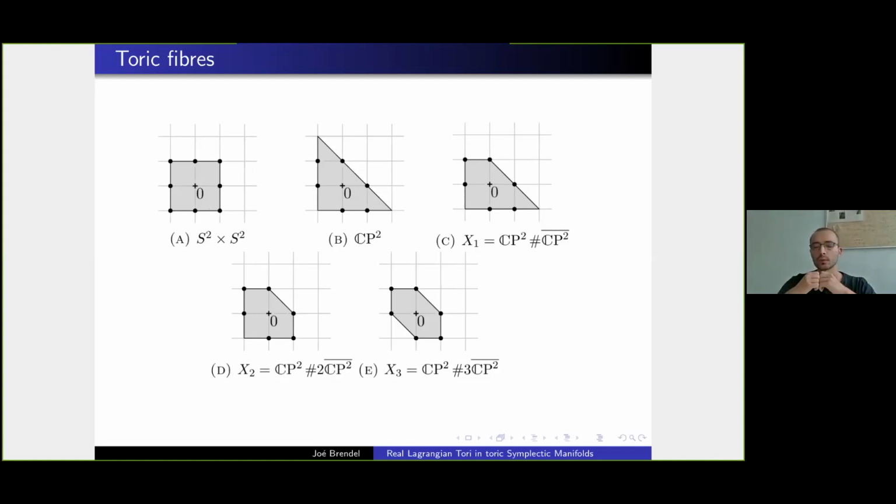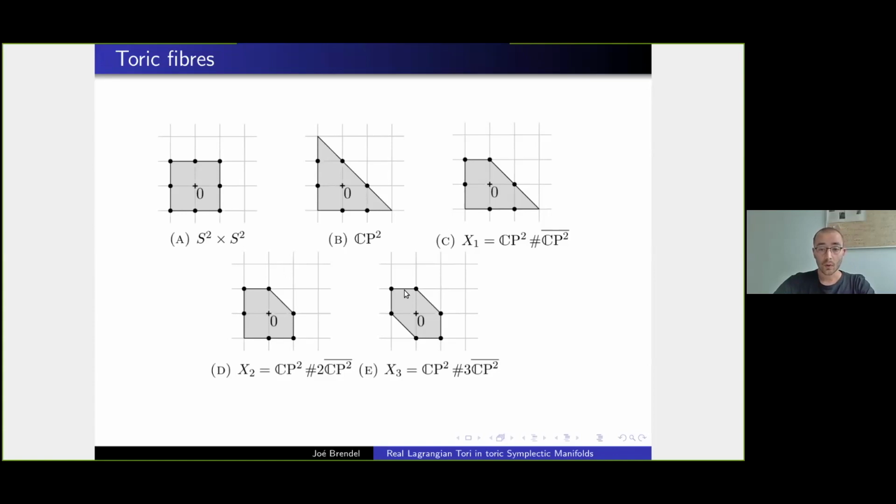So if you go back to the example that I made before about S2, you can see that in the factors they are real. So you can just take the product of the two anti-symplectic involutions on the factors, and so you can check that this one is indeed real. So in S2 cross S2, the answer is yes, the central fiber is real.